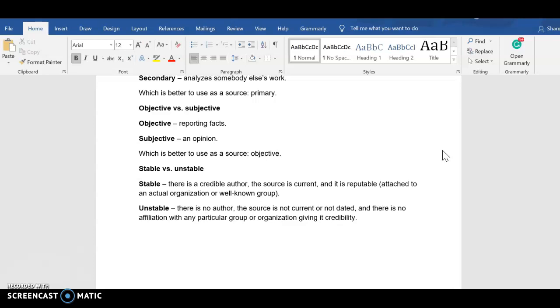If we find a source that has no name, no author, no date, and no organization, is just randomly out there, then we're going to question that source. And so it's going to be unstable versus something that's credible with an author's name, at least a group that is attached to it, that can give some kind of reputable background to it.